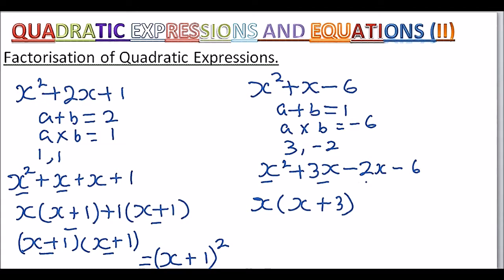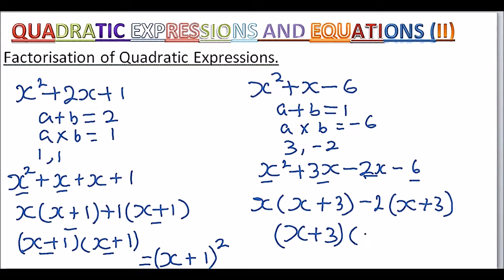Here we factor out minus 2, so we have minus 2 into bracket x plus 3. So now x plus 3 and x plus 3 is common, we factor it out, x plus 3. Here we are left with x minus 2. This we cannot combine because they are different. Here it is plus 3 and here it is minus 2, unlike the first one. So that's how you factorize.